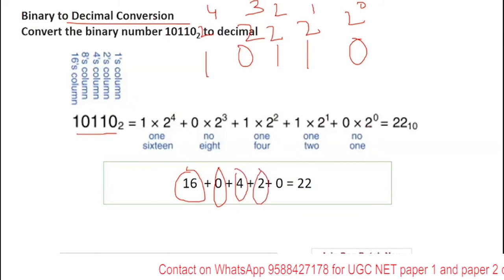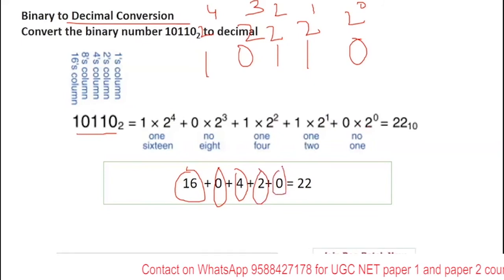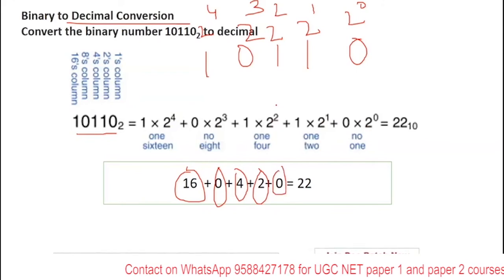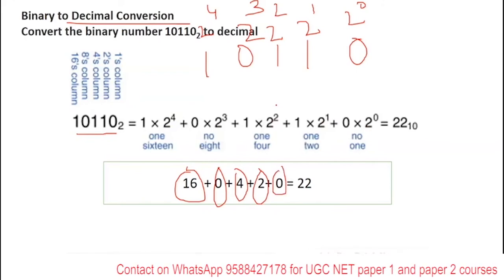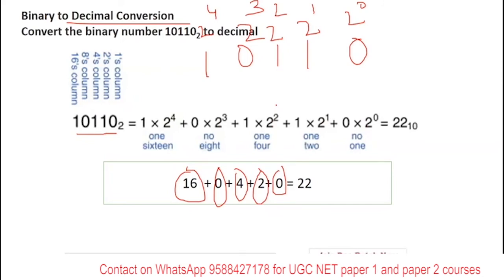Same way, 0 into 2 to the power of 0 is 0, because anything multiplied by 0 is 0. That's what we have learned in basic mathematics. So if you add 16 plus 4 plus 2, the answer comes as 22.